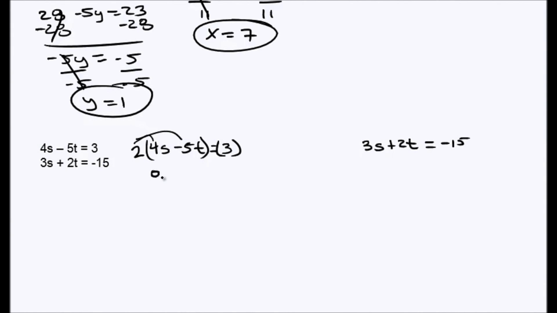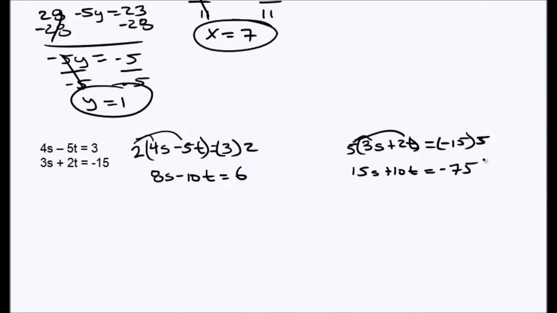Distribute, I get 8s minus 10t is equal to, multiply this by 2, and I get 6. Okay, this one, I'm going to multiply both sides by 5. Distribute here, and I get 15s plus 10t is equal to negative 15 times 5. 10 times 5 is 50, and 50 and 25 is 75, and it's negative.